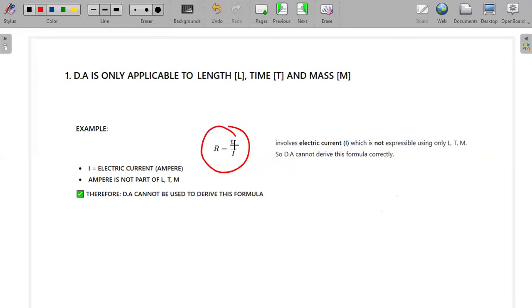These dimensions are not part of the length, time, or mass. So for such expressions, we cannot use dimensional analysis. In simple terms, we cannot use dimensional analysis to derive this formula, because it does not contain length, time, and mass. It contains some other things. So that was limitation number 1.